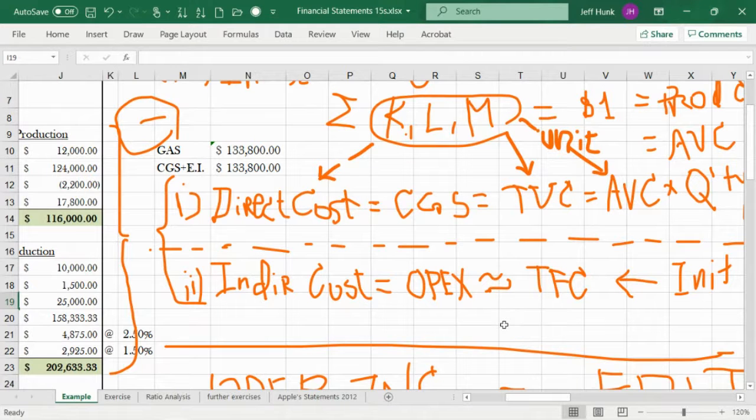And what are the factors of production? If you have studied the main lecture videos, it should be clear to you. What are the direct inputs of production? Anybody?